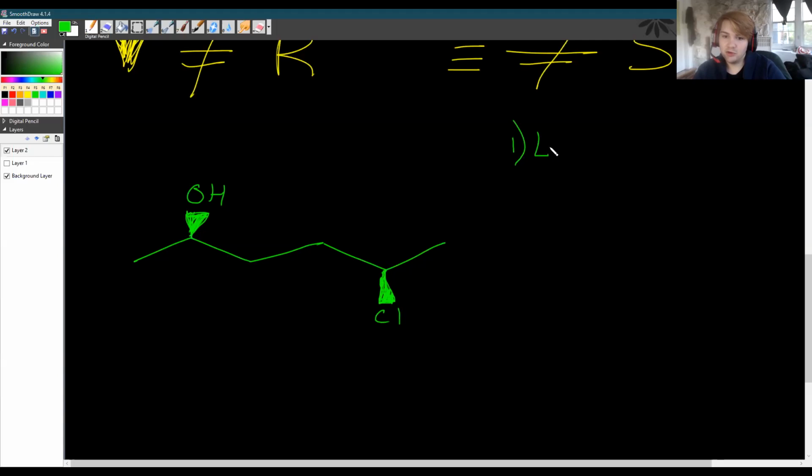Step one, locate the chirality. Oh, we've already done that. We already determined that this is just a matter of practice, right? So we've already determined that these are where our chirality centers are. Let me put in the labeling again. And part of that is making sure that we know what our four groups are.